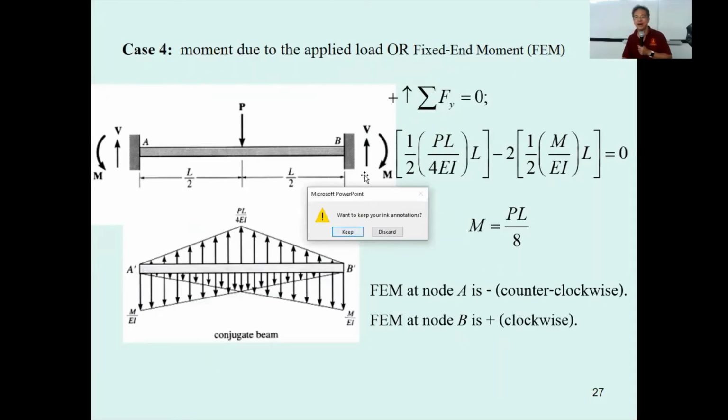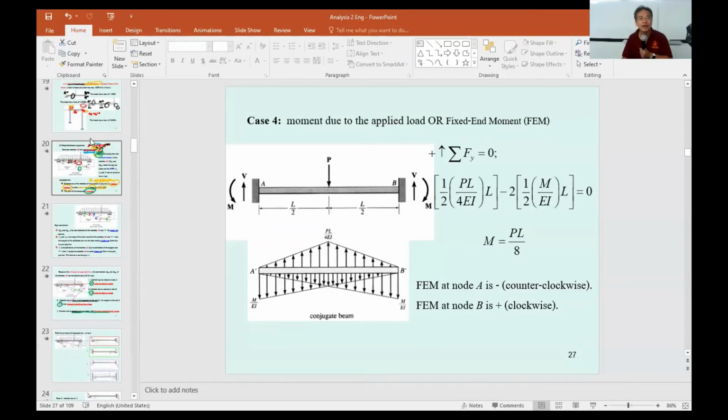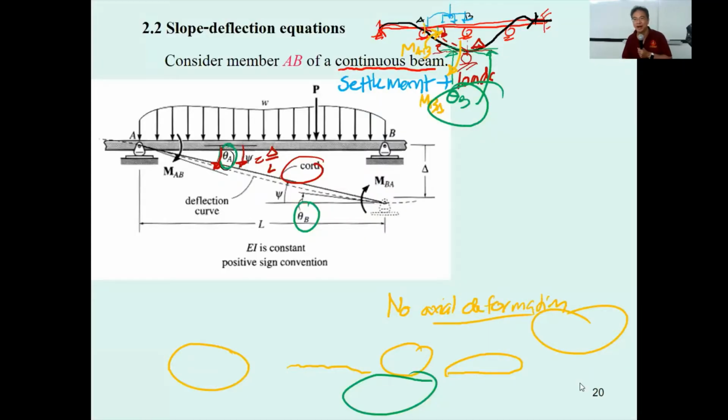Let's see if we come to the beam that we just mentioned over here. The one that we mentioned has this end as an external pin or external roller. It is going to be special because the moment over here is going to be 0.